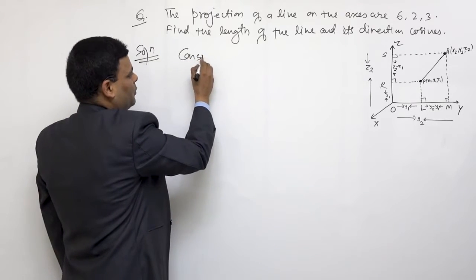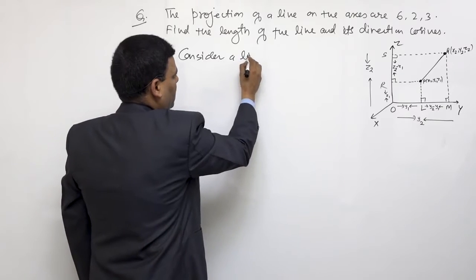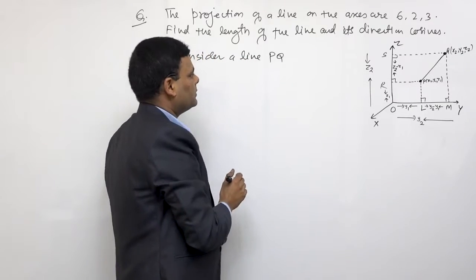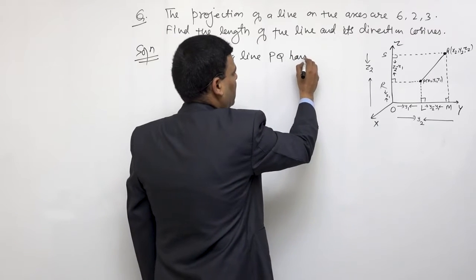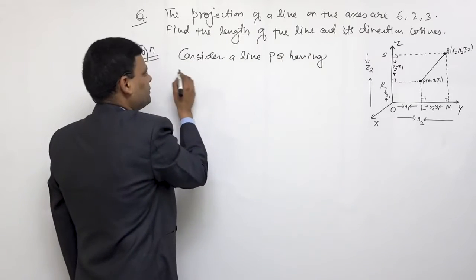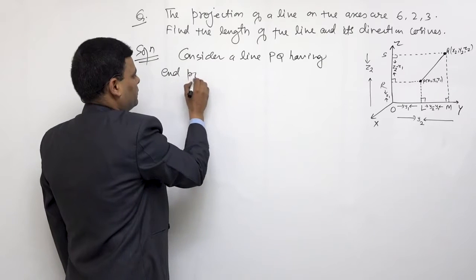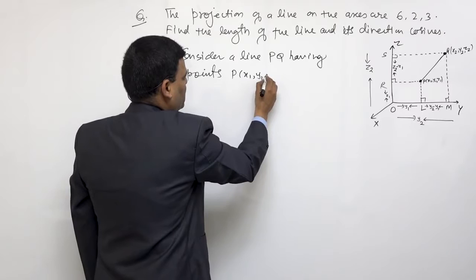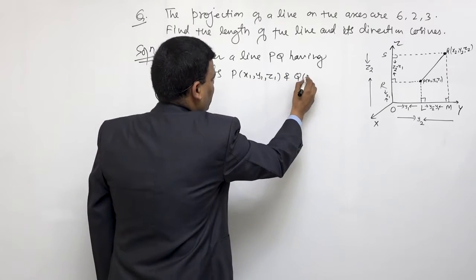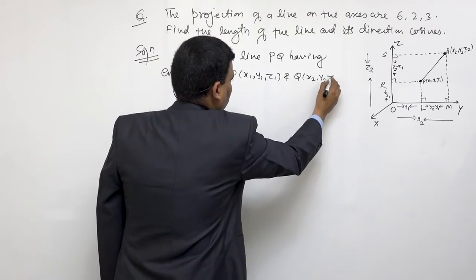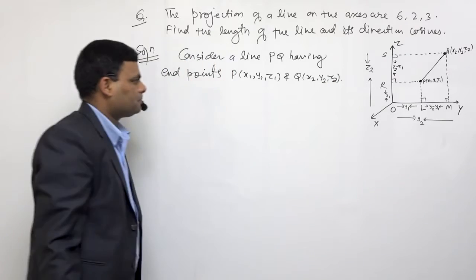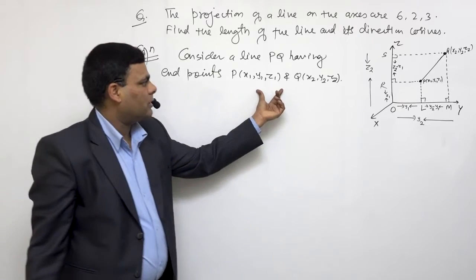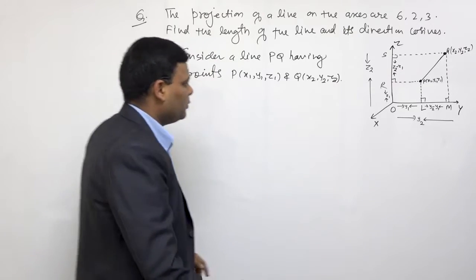Consider a line PQ having endpoints P(x1, y1, z1) and Q(x2, y2, z2).